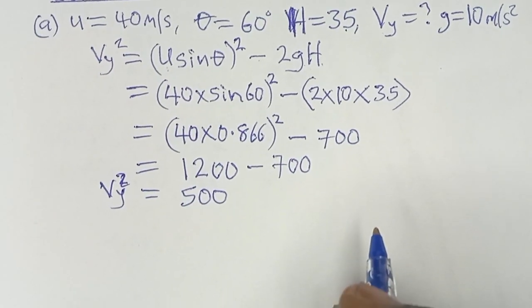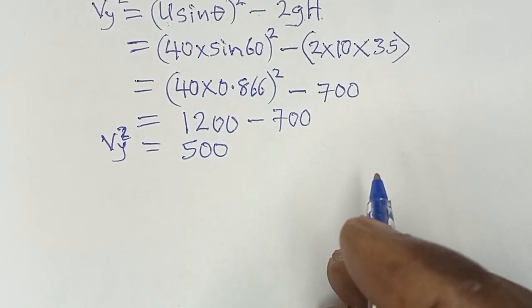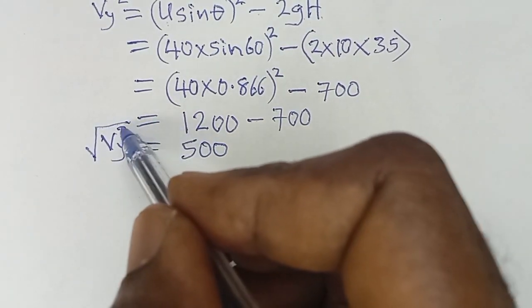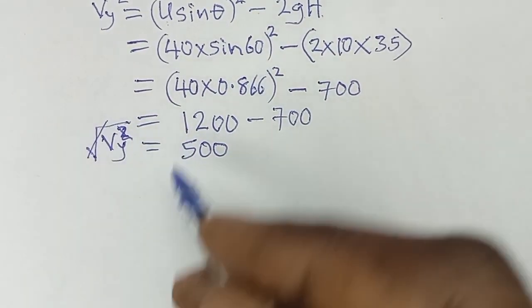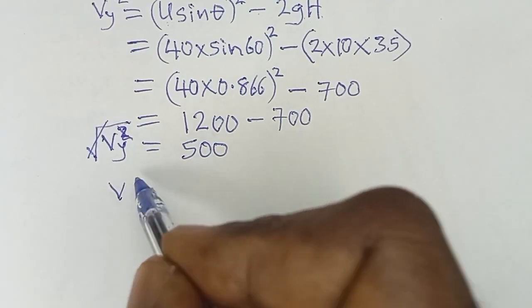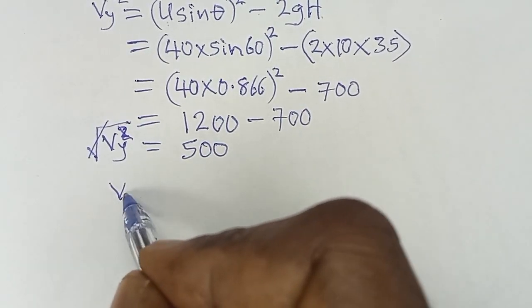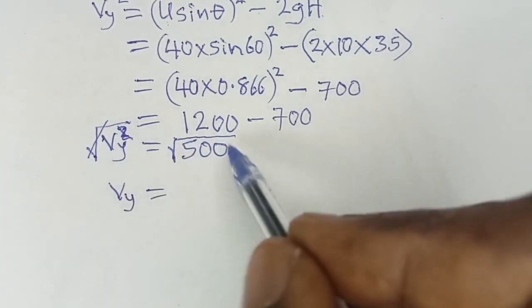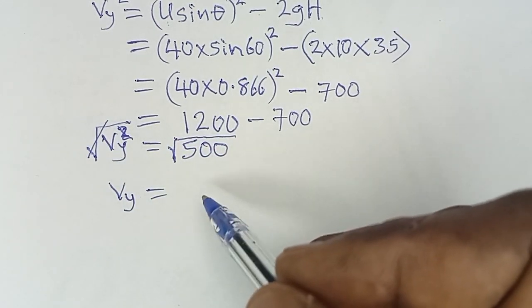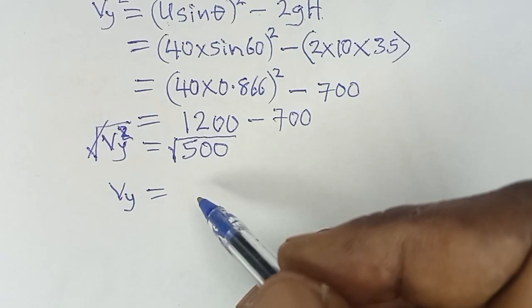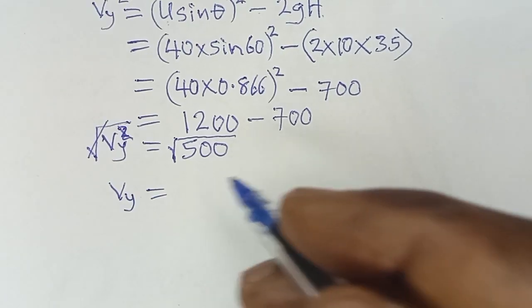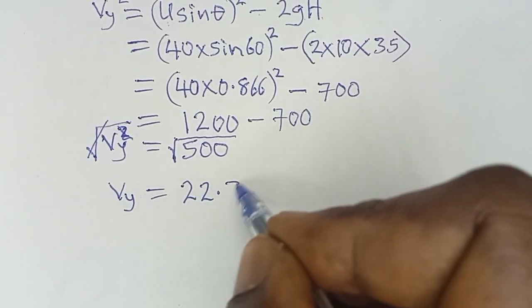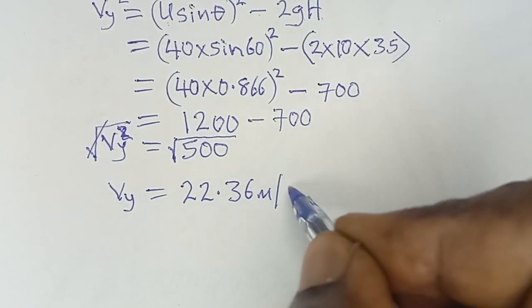And then from there, to get the value of V subscript y, we have to take the square root of both sides. So the square takes care of the root sign, and V subscript y will be equal to the square root of 500, which is 22.36 meters per second.